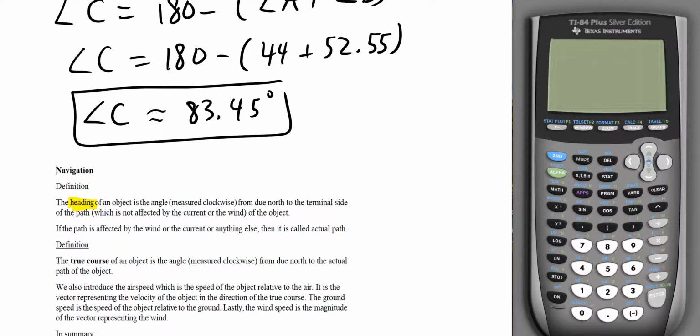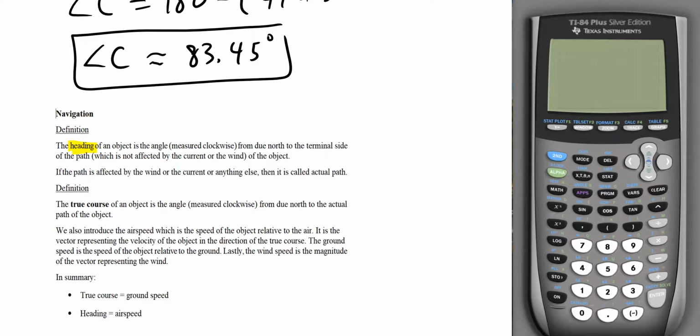So we use a lot of the true course, heading, airspeed, and ground speed. The way I usually memorize it, the true course always goes with the ground speed and the actual path, and the heading always goes with the airspeed, which we call just the path.